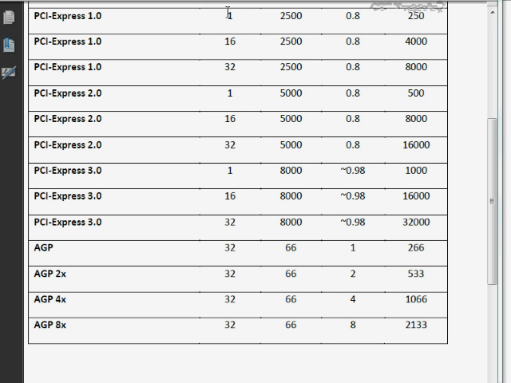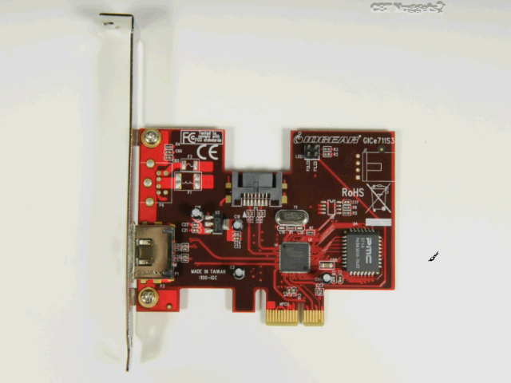Also returning to this, I want to point out that I've kind of emphasized the by 1 and the by 16 PCI Express slots. There's also a by 4 and a by 8 slot. Although you're not normally going to see those on consumer level PCs, you're likely to see those on servers. And then as we look at the actual PCI Express devices, we see this by way of example.